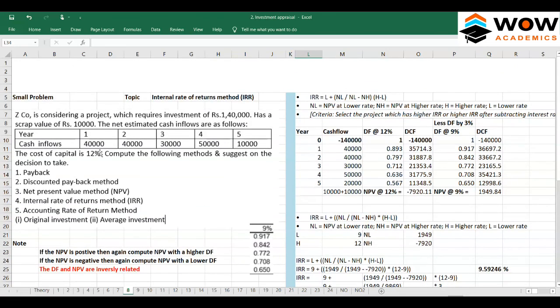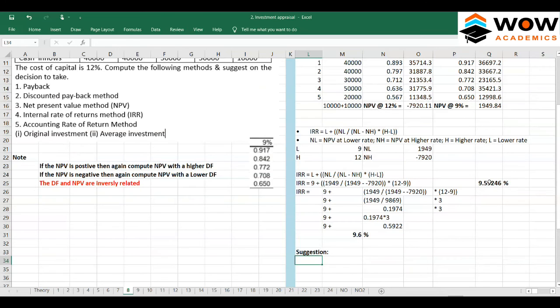If your cost of capital itself is 12%, and the return that you are going to get from this project is only 9.6%, that is, the IRR is lower than the cost of capital, hence the project should be rejected. Okay, so rejected.